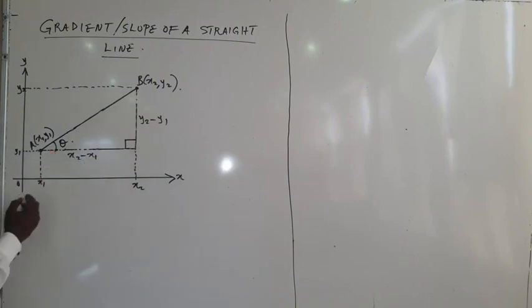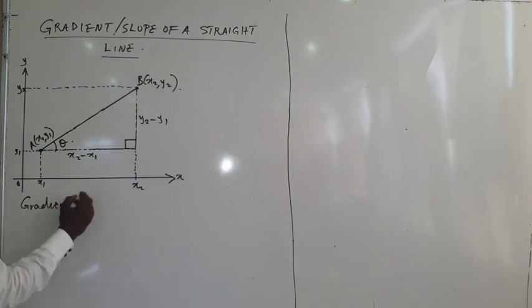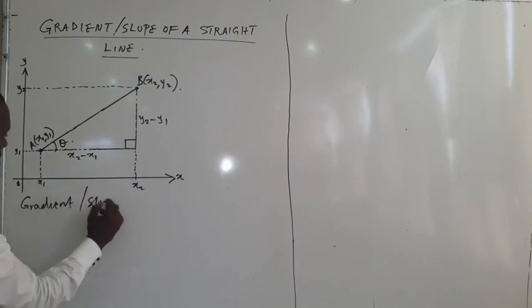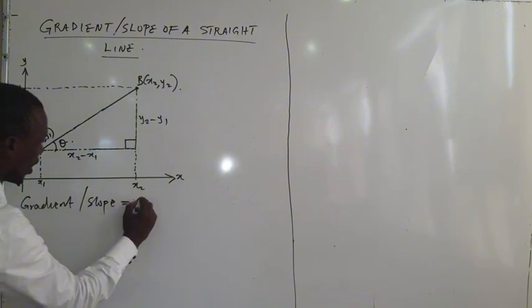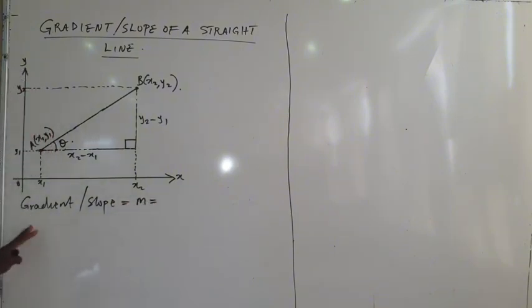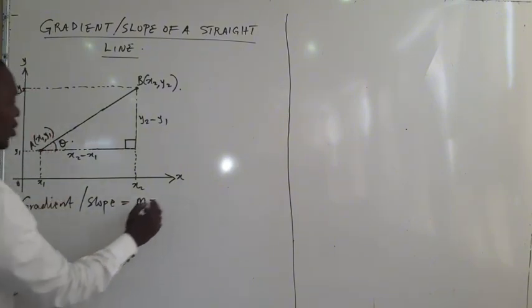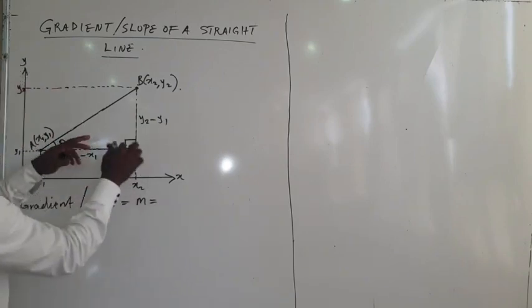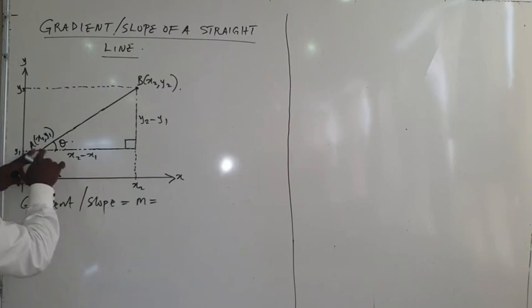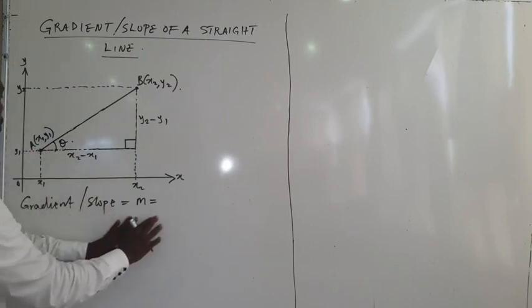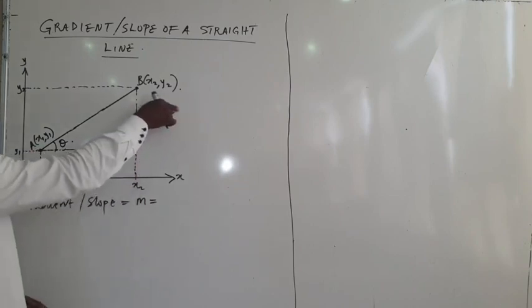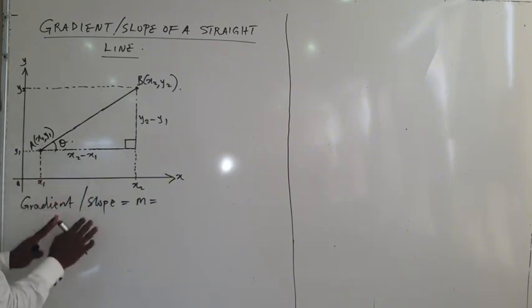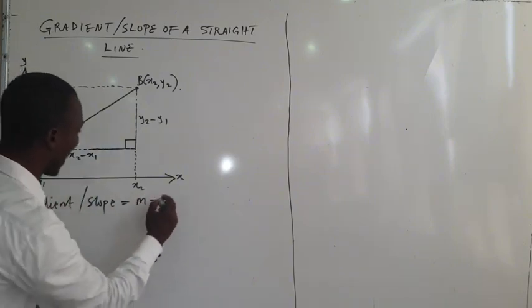So you can now see the gradient, which is also known as slope, is equal to m. We use m to represent the gradient or the slope. That is, we have opposite over adjacent, but in view of this, we are going to make use of tan theta.